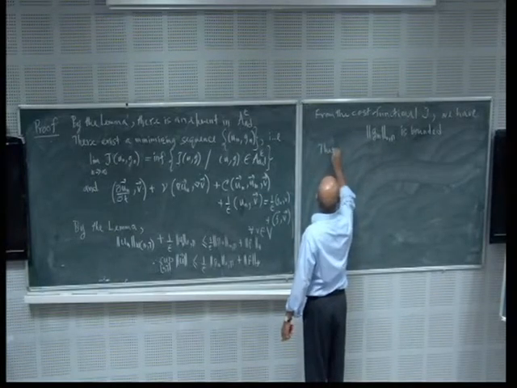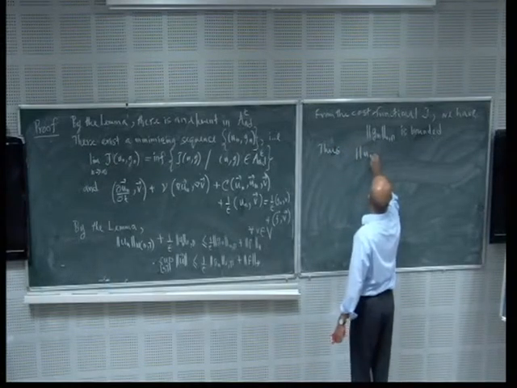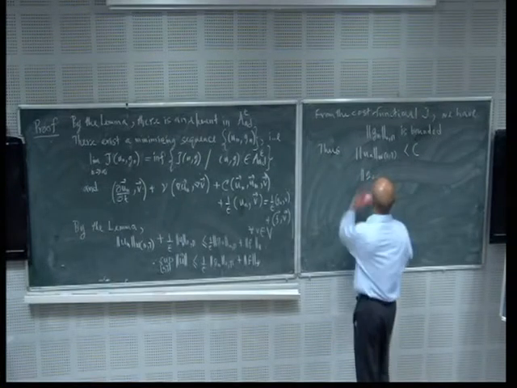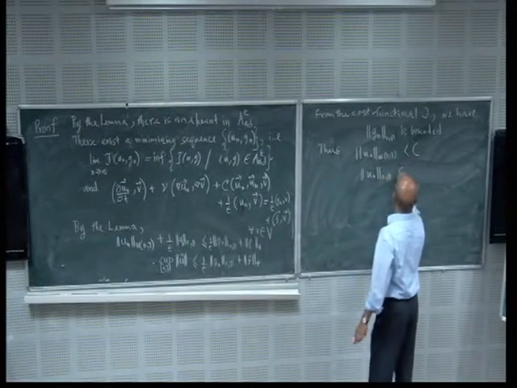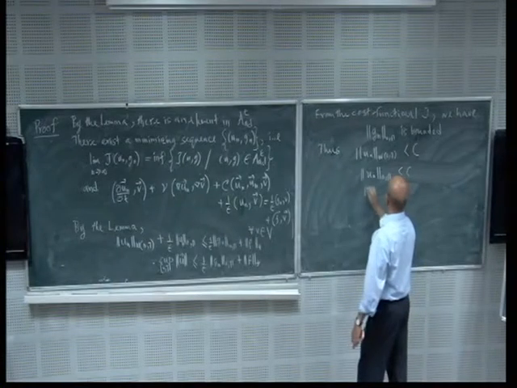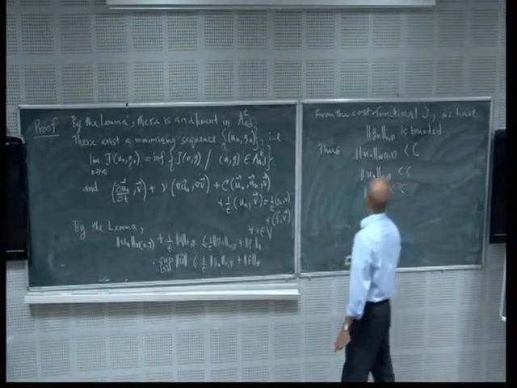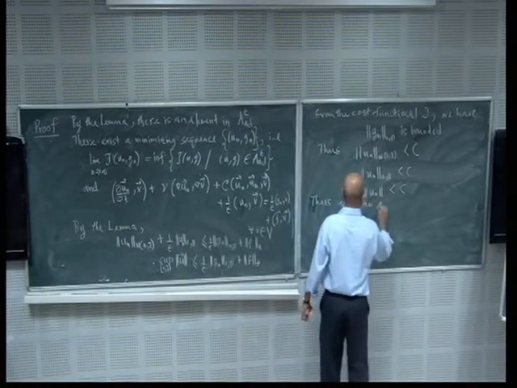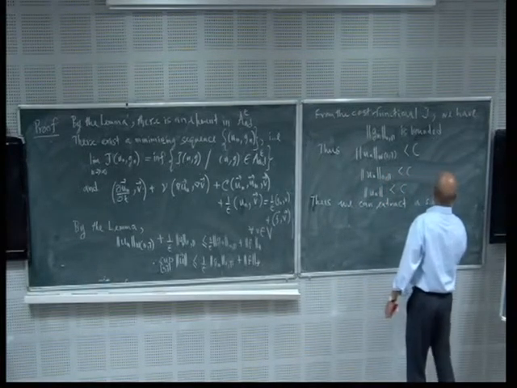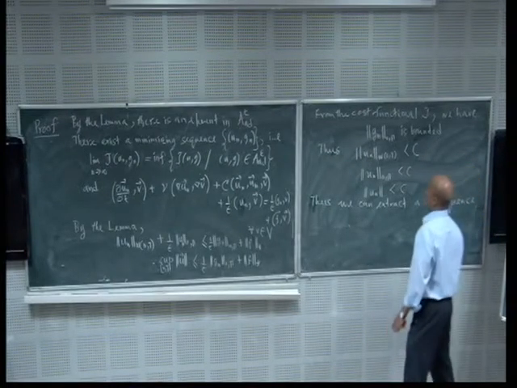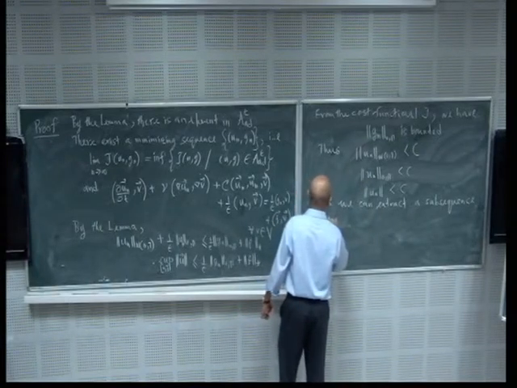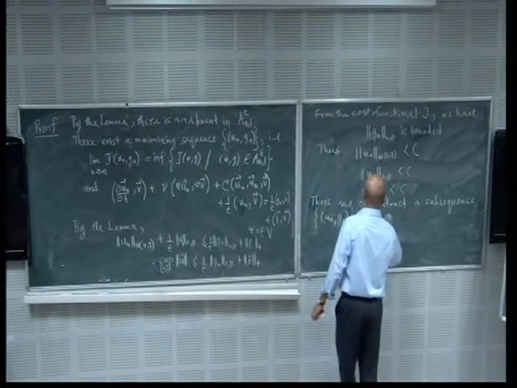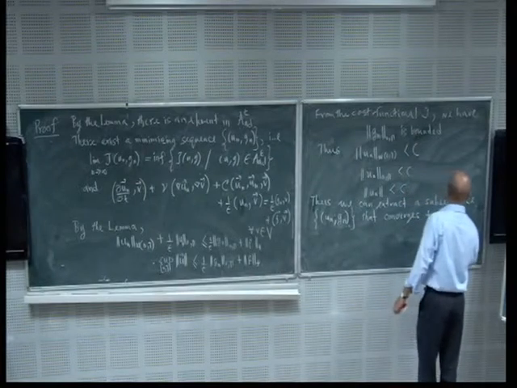Therefore I can extract a subsequence, again denoted by un gn, that converges, say, to u star, g star.